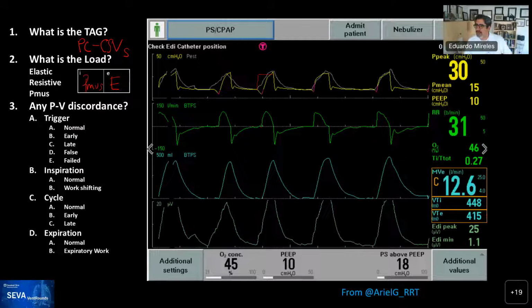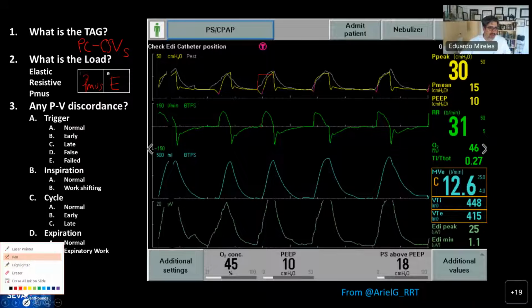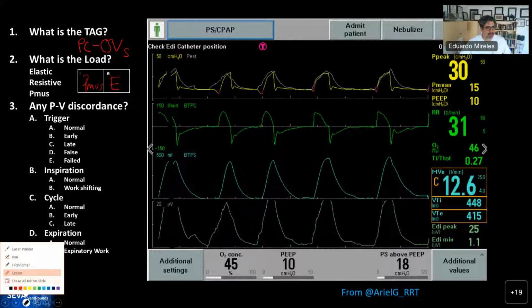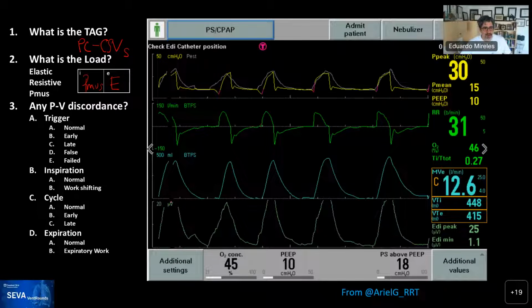You can see that the electrical activity started here for this patient, and it took a while for the patient to actually deform the pressure waveform. So the electrical activity started way behind, and it didn't trigger the breath until a while. Although I can see that it crossed the zero flow baseline earlier. So this may have to do with how this was set.